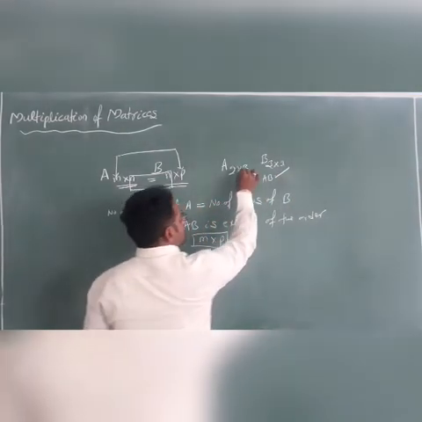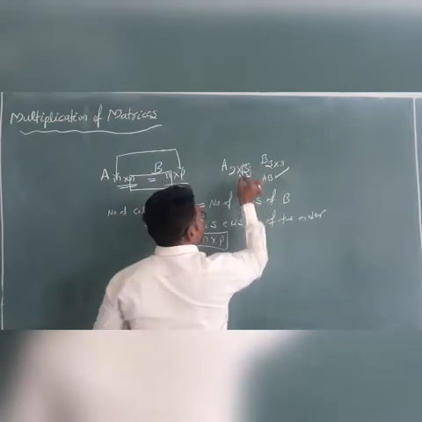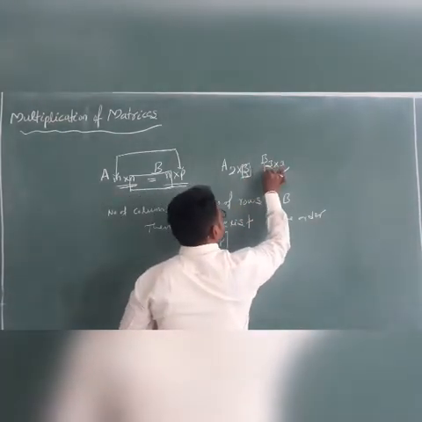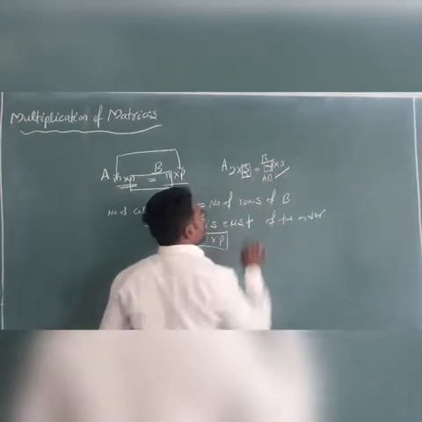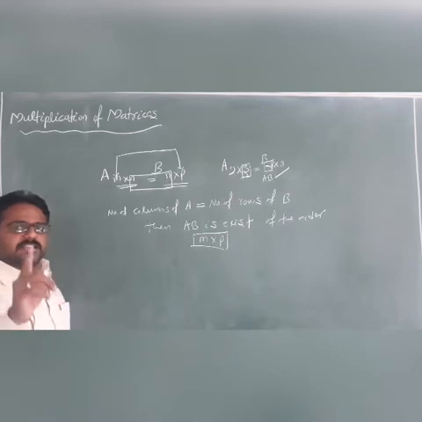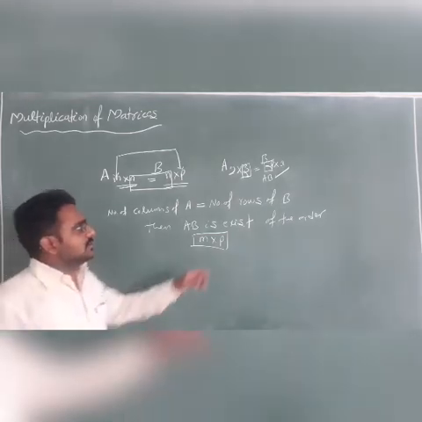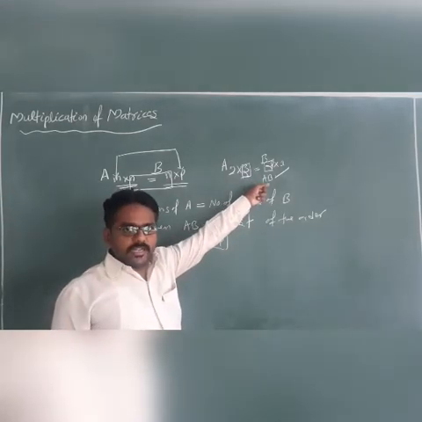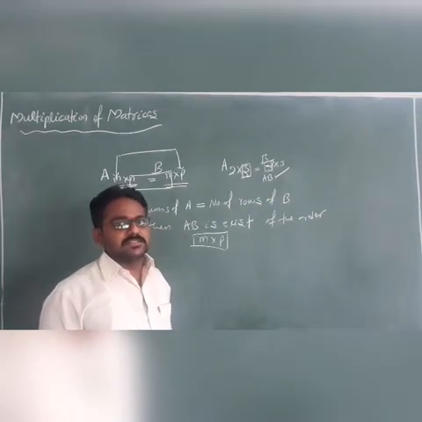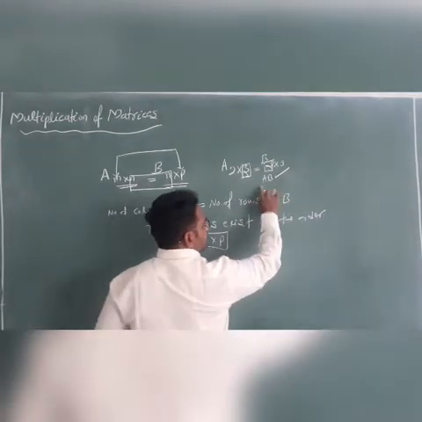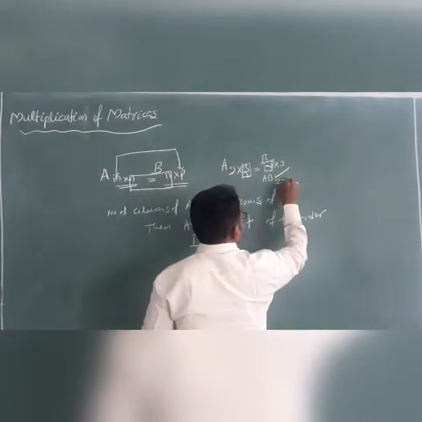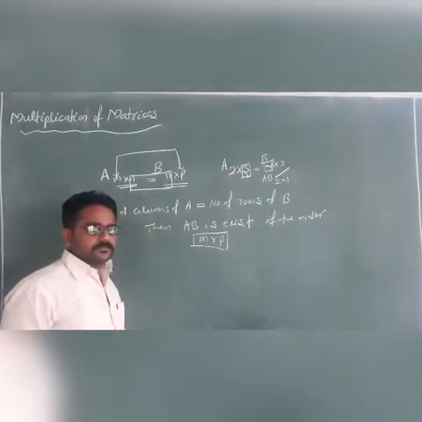Why? The number of columns of matrix A is equal to the number of rows of matrix B. This is the simple, foremost condition needed whenever you do the product of matrices. Then AB is the product of the two given matrices, of order 2 by 1.